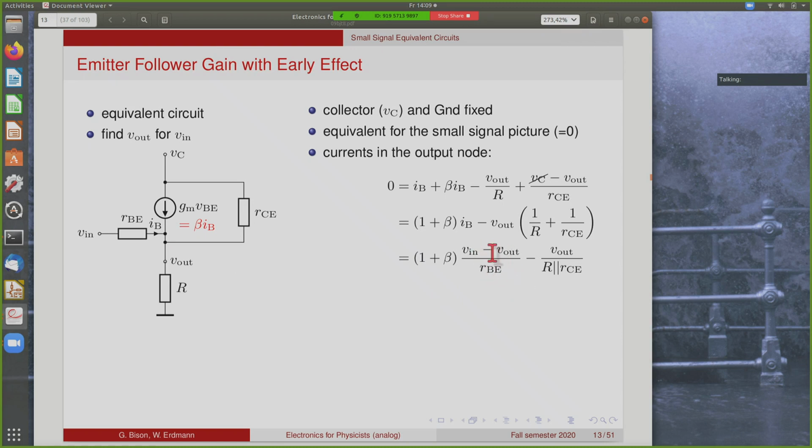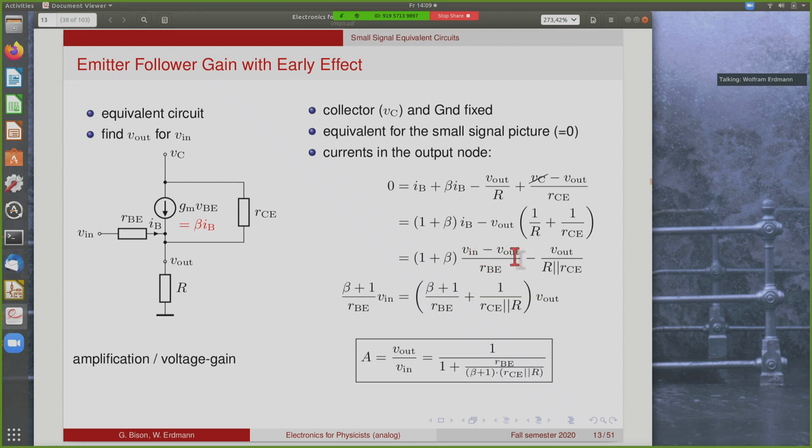So this is this expression here, and now we have an expression that contains only the input and the output voltage. So we can separate, bring all terms that have the input voltage to the left. So this gives us a beta plus 1 over RBE. And on the right-hand side, we have beta plus 1 over RBE plus 1 over R parallel RCE.